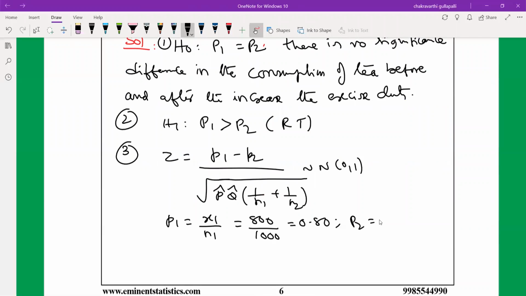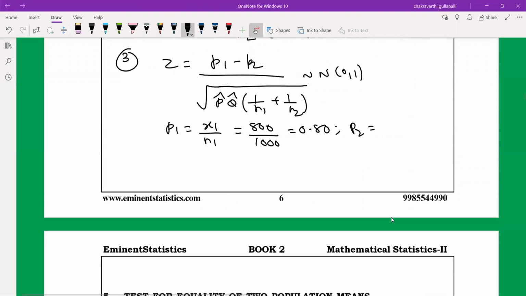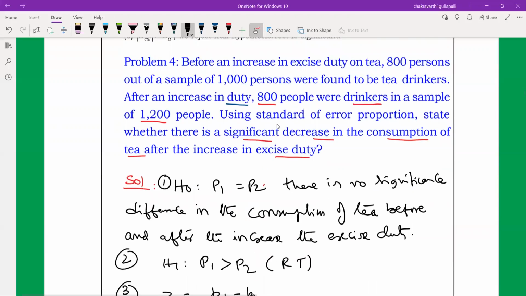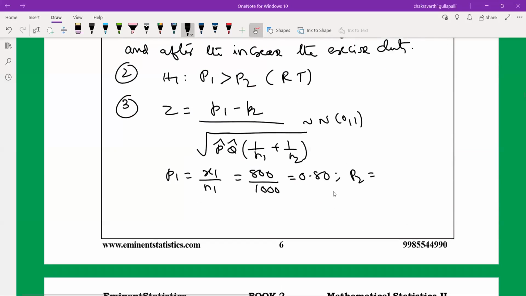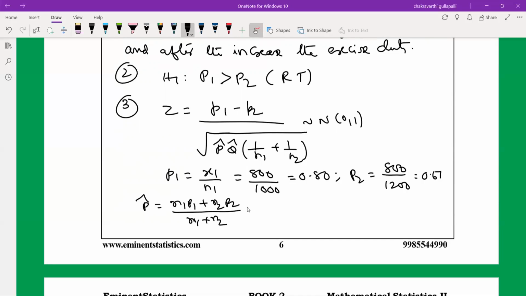Now what is the P2 value? P2 is after the increase in excise duty: 800 people out of 1200. 800 by 1200 is equal to 0.67. Now P cap formula: (N1 P1 plus N2 P2) by (N1 plus N2). Here there is a shortcut formula.